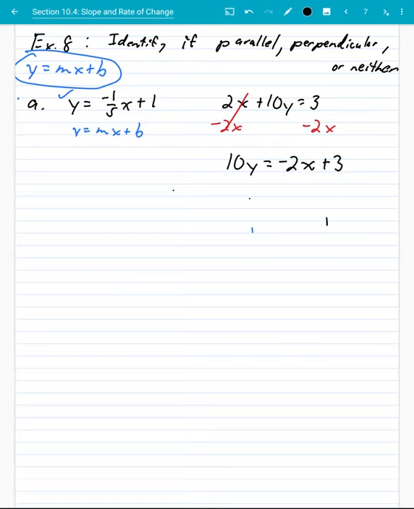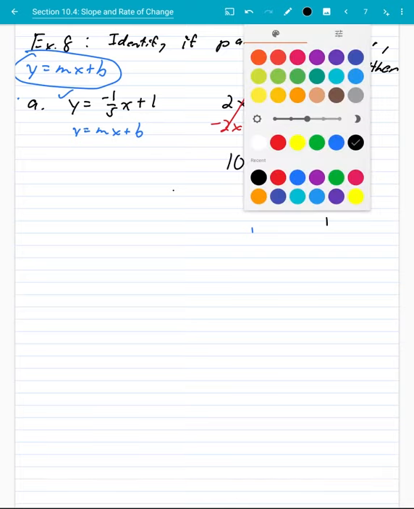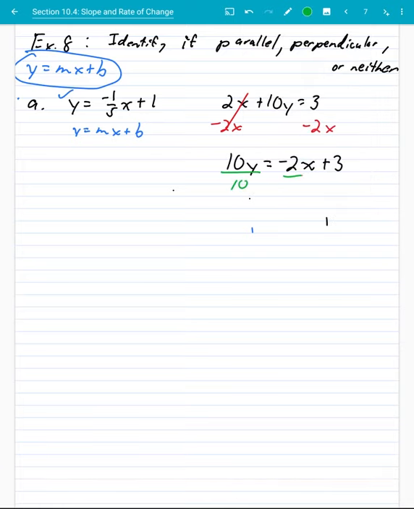Divide by 10 on every term. And that gives us y equals negative 2 over 10 x. The largest number that goes into 2 and 10 is 2, so it simplifies to negative 1 over 5 x plus 3 over 10.